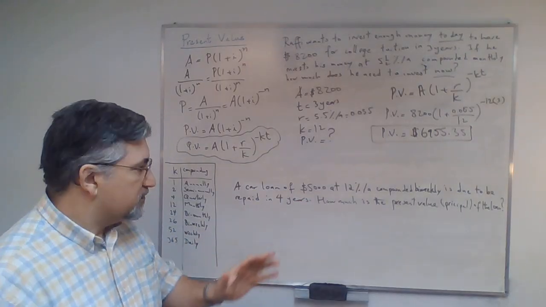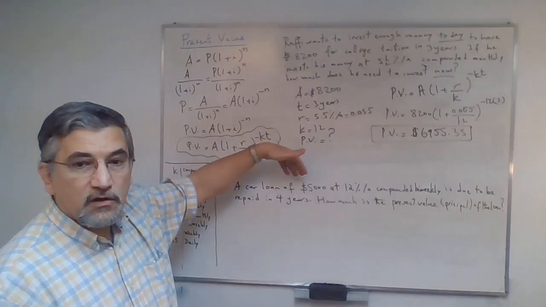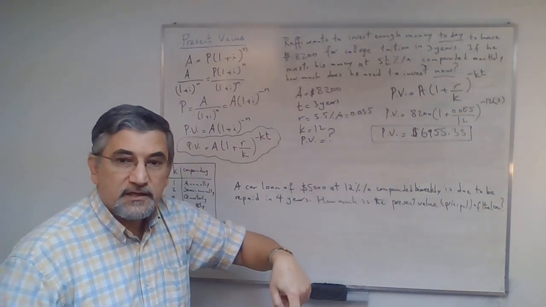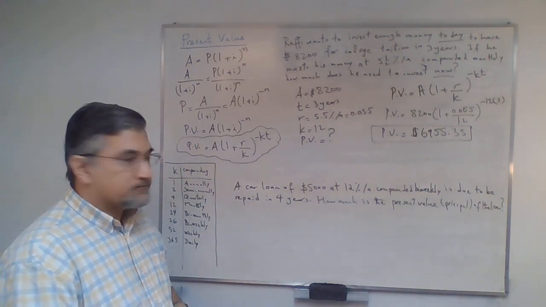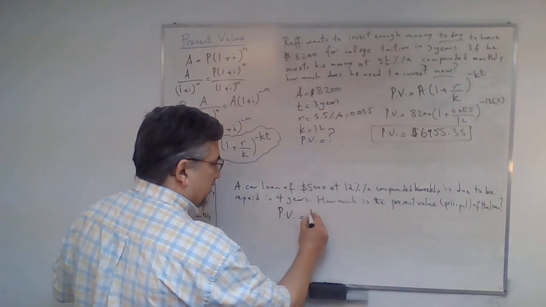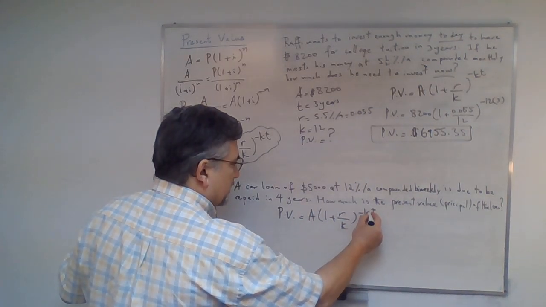If you don't pay your loan off today, then you have to pay $5,000 in 4 years. But if you pay today, you may get a break. So we're going to see what the numbers are telling us. Always we start with the formula.